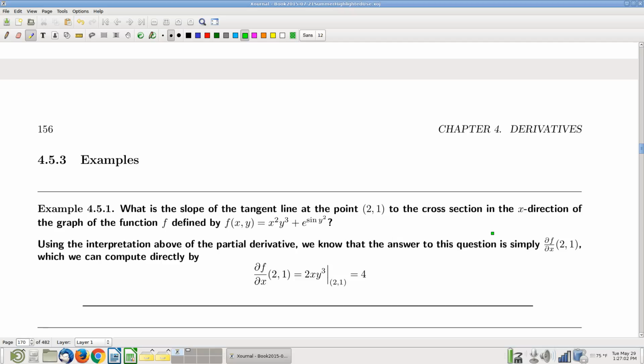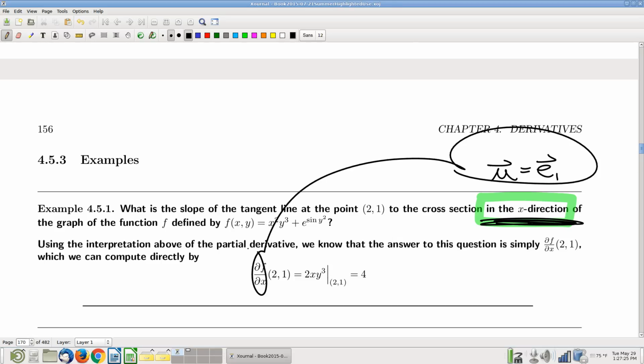Now, in what direction? Well, we're going exactly in the direction of the x-axis. That means that the unit directional derivative that I'm computing is one where my u is E1. I'm going in the x direction. And that means that I'm computing the partial of f with respect to x.